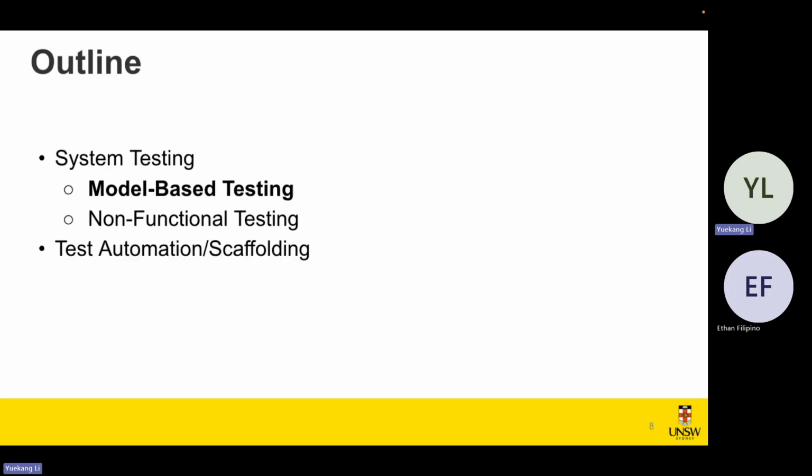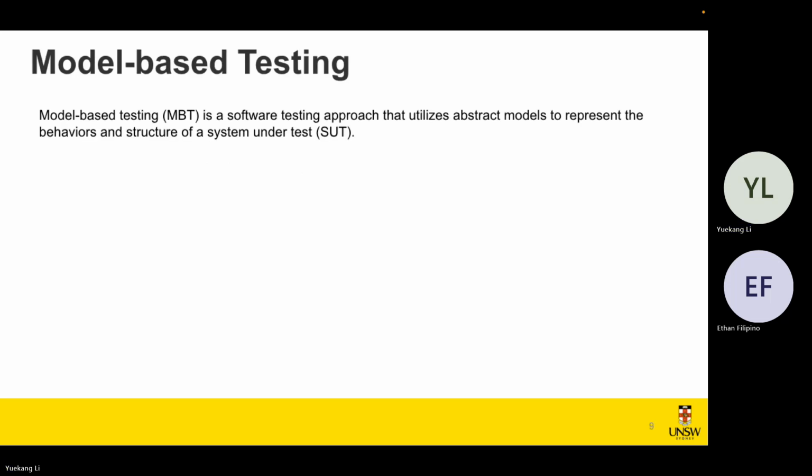So now let's think about different techniques for system testing. The first set of techniques is related to functional, system level testing. It is called model-based testing. It is a big family of techniques.